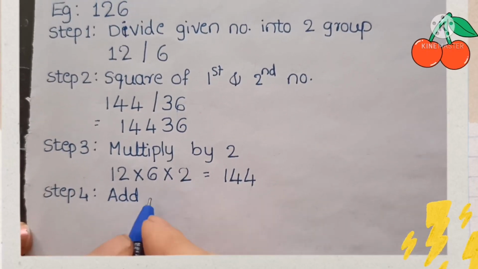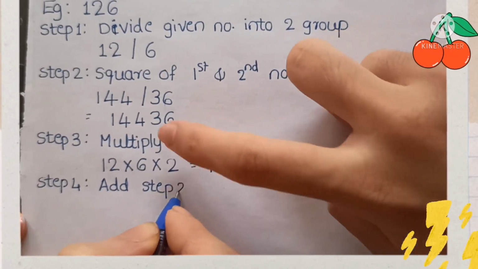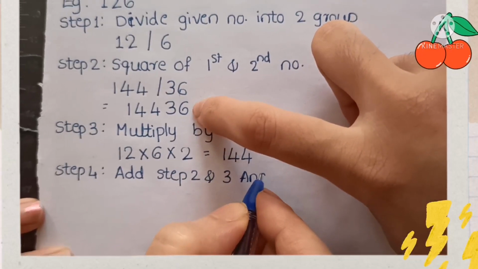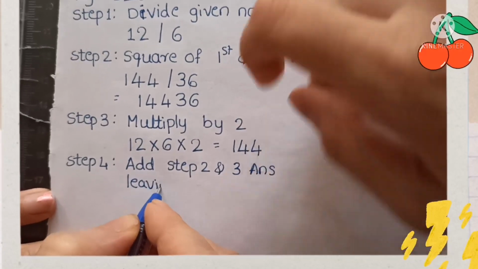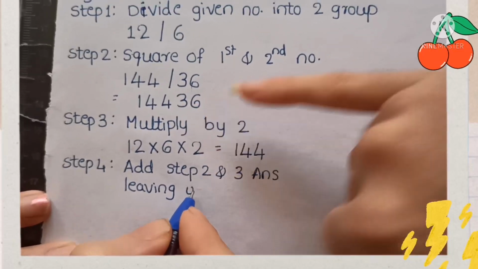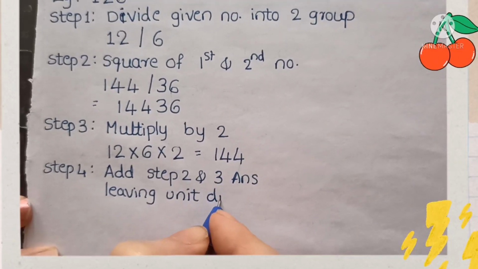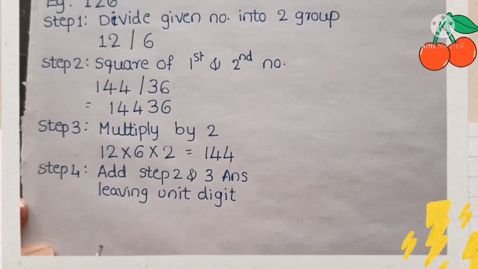We have to write the second number below this, but we have to leave the units place digit of the step 2 answer.